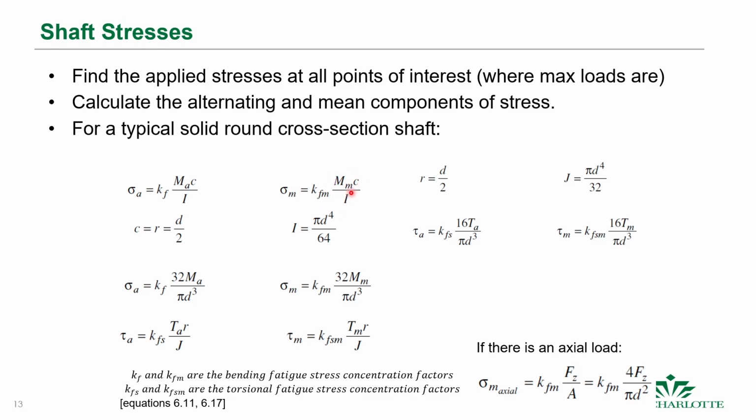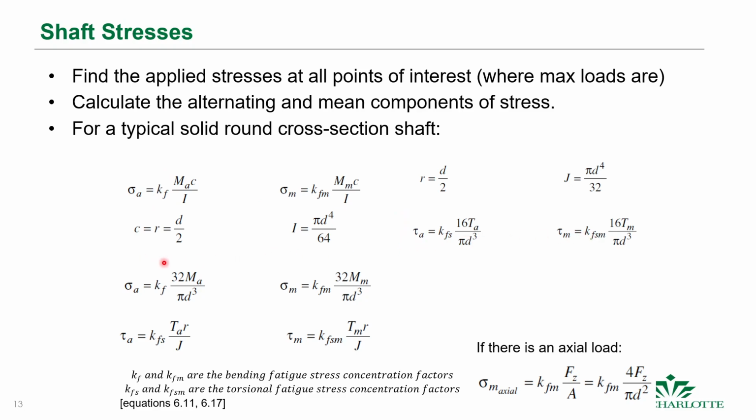If we plug these numbers in for a solid cross-sectional shaft where the radius is half the diameter, the polar moment of inertia is pi d to the fourth over 32, and the shear stress is 16 times the applied alternating torque, or 16 times the applied mean torque, over pi d cubed, then we can get our bending stresses and our shear stresses.